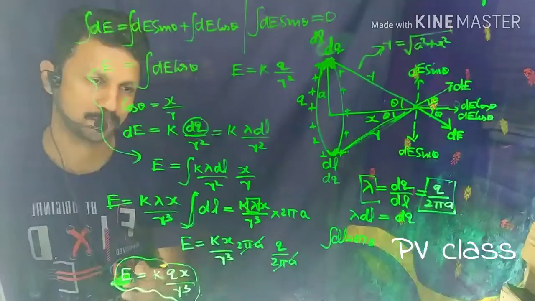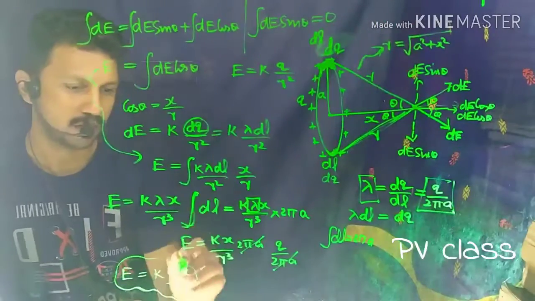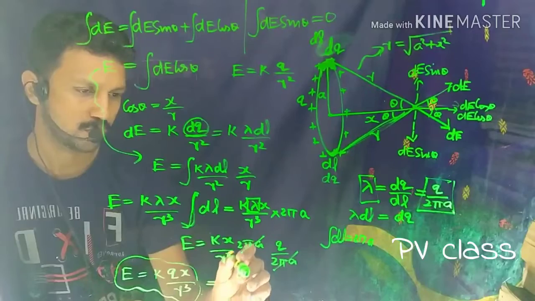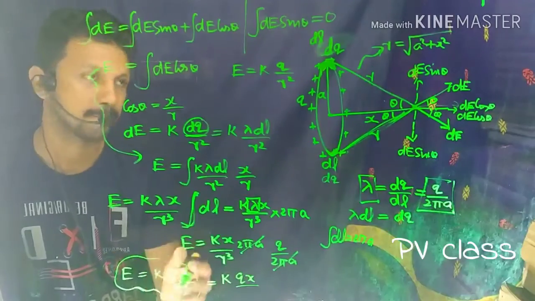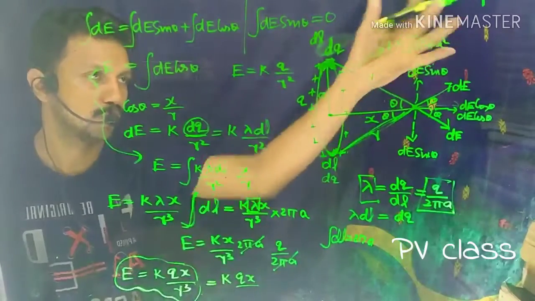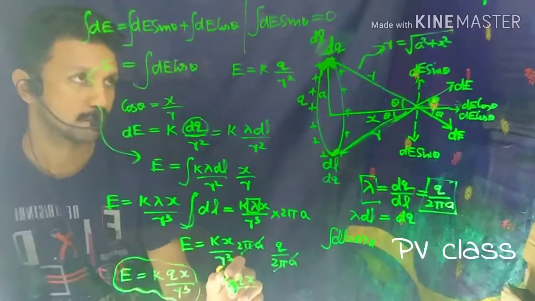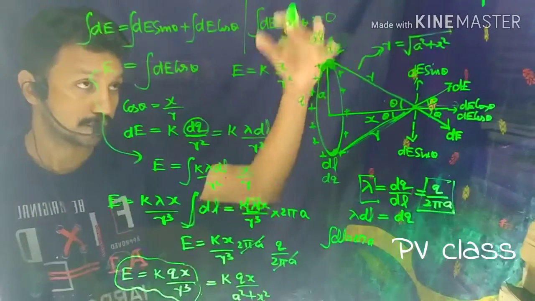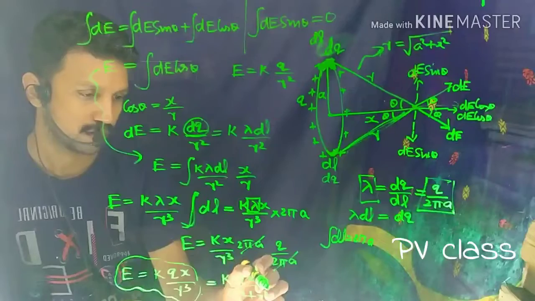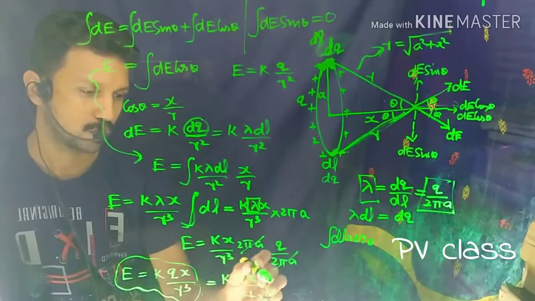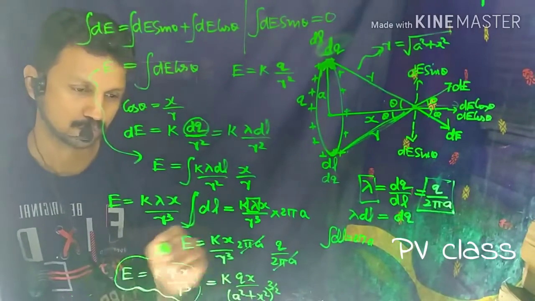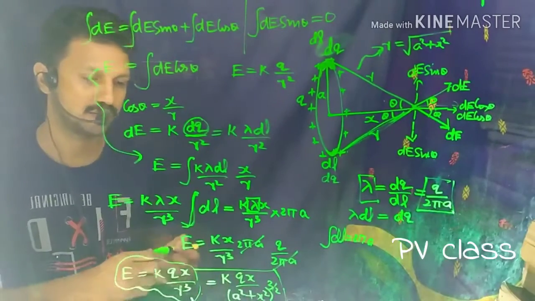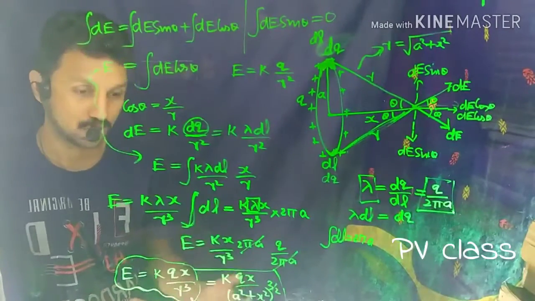That means I could write k qx divided by r cube, where r cube is the cube of this: a square plus x square, square root, in the cube. That means a square plus x square whole to the power 3 by 2. That is another expression for electric field intensity at the axis of a charged conductor.